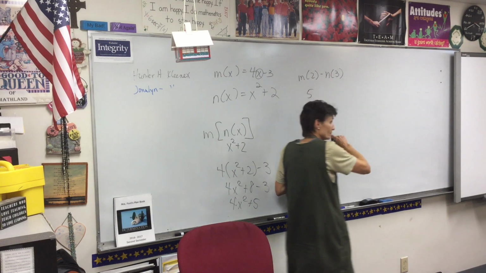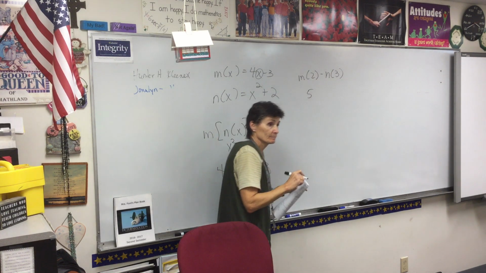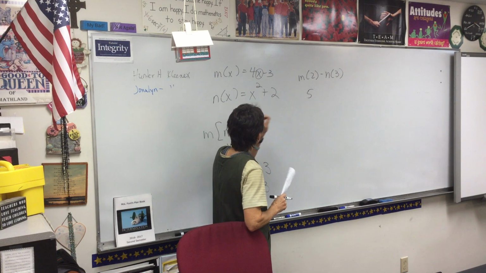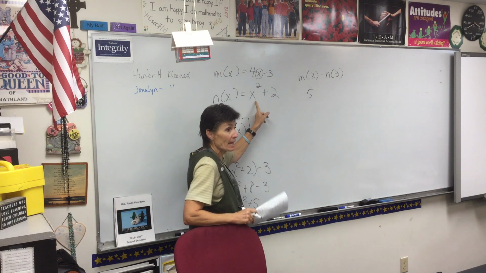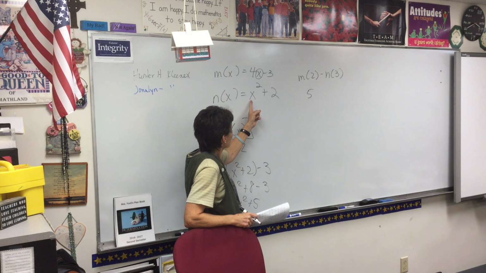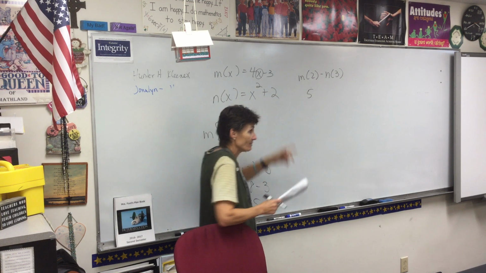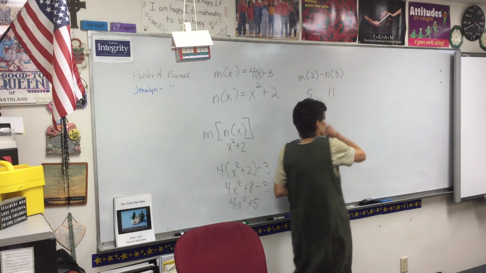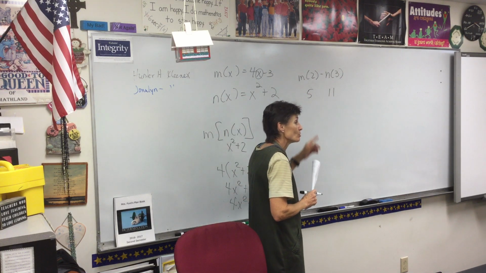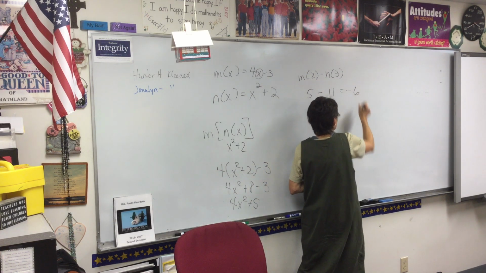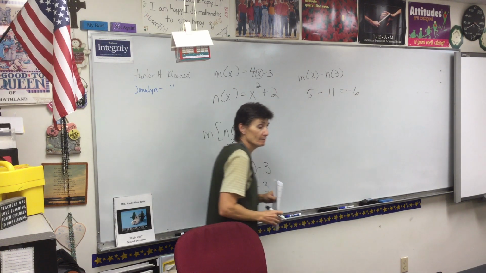I get 5. Got it? Now I'm putting 3 into n. So 3 into n would give me 11. Now what am I supposed to do with those 2 answers? Subtract them. So the answer is negative 6.